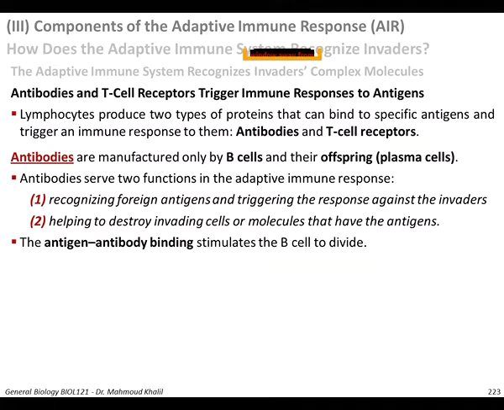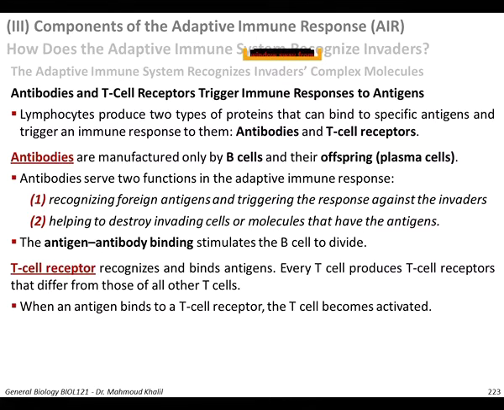They serve two major functions in the adaptive immune response. They recognize foreign antigens and trigger the response against the invaders, and they help to destroy invading cells or molecules that have the antigens. This antigen-antibody binding stimulates B cells to divide, giving more cells, more plasma cells, and more antibodies produced.